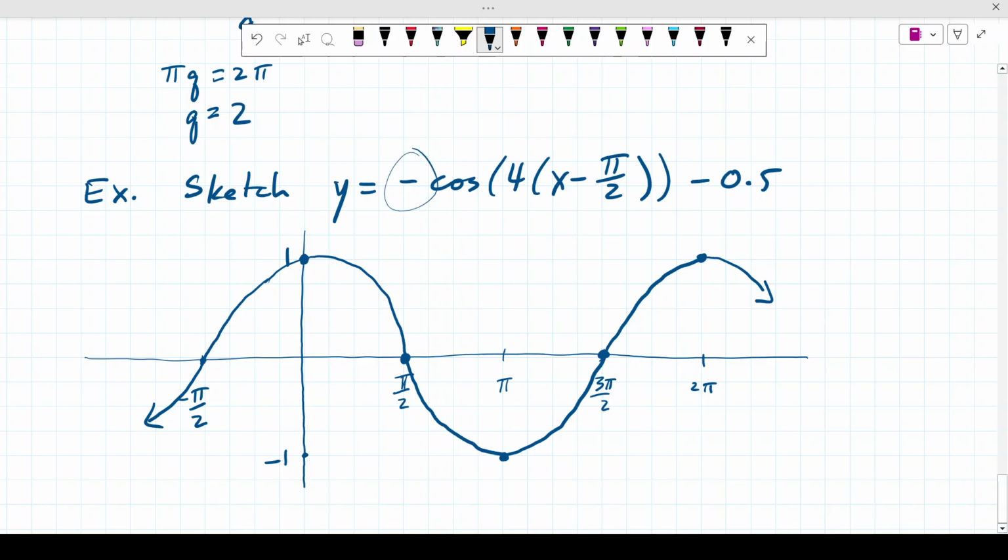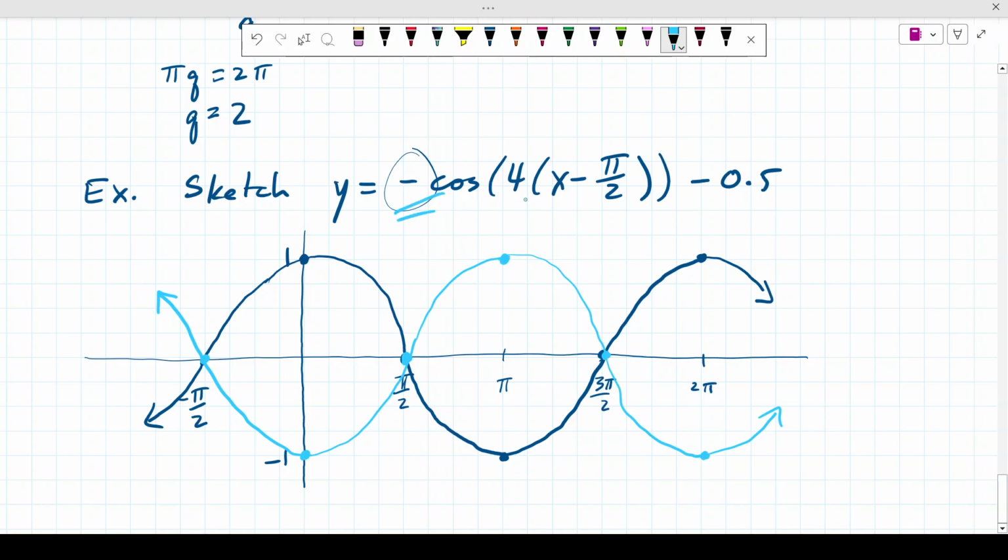Now, this negative 1 is going to give me a reflection in the x-axis. So 1 becomes negative 1. Zeros, they'll all stay the same. Negative 1 becomes 1. 1 becomes negative 1. And so now I'm just going to sketch it in this way, like that, and like that. So that's taken care of the A.